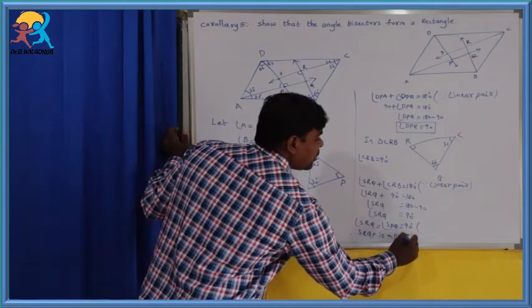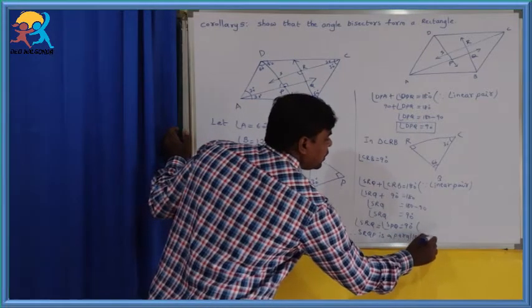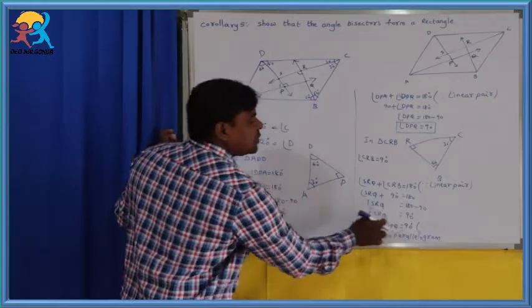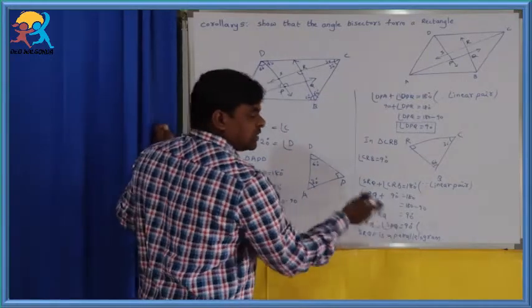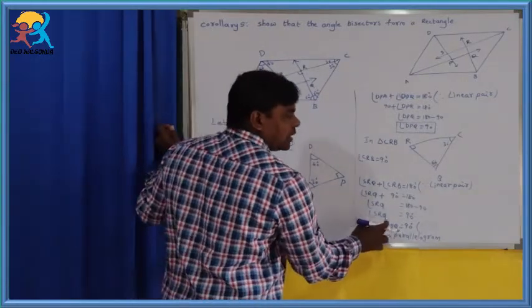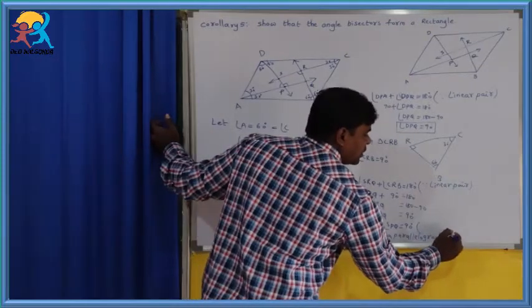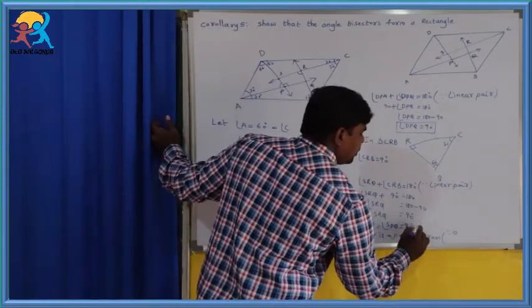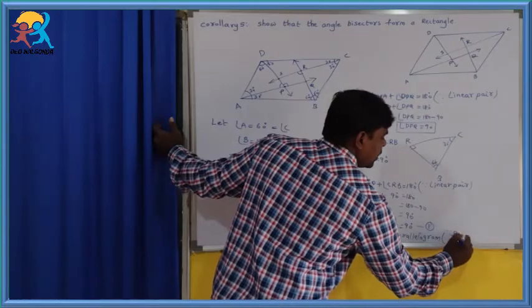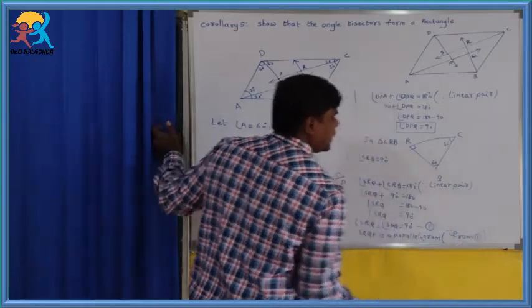Why is it a parallelogram? Previously we have shown that the two angles are equal, these are opposite angles. So, if in a quadrilateral opposite angles are equal, then it is a parallelogram. Yes.